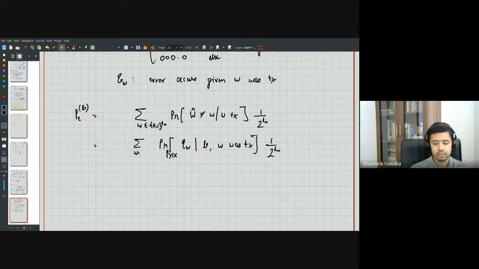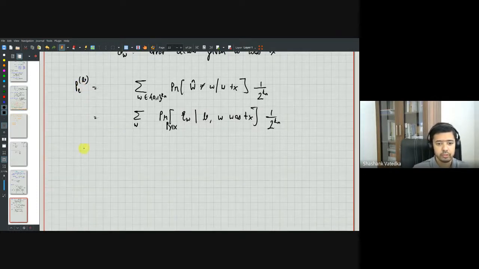And the probability of error averaged over all possible code books is basically the expectation of this, which is the summation over all possible code books of the probability of choosing a particular code book times this probability.